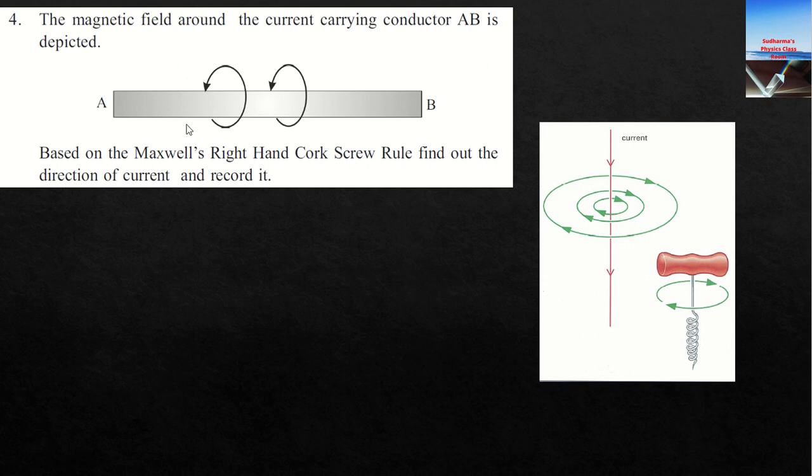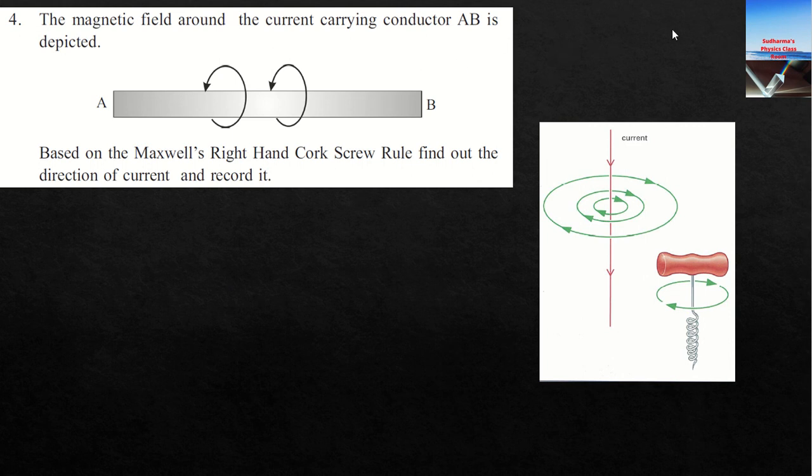But here they ask the question in a reverse way. They gave the direction of magnetic field, and we have to find out the direction of current. So let's see in which direction if the current flows, we get this kind of rotation. Suppose I'm just giving you some ideas how to find out this.